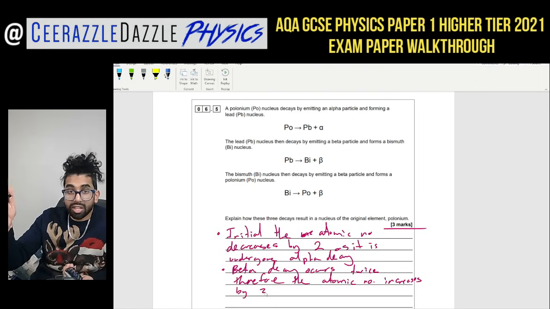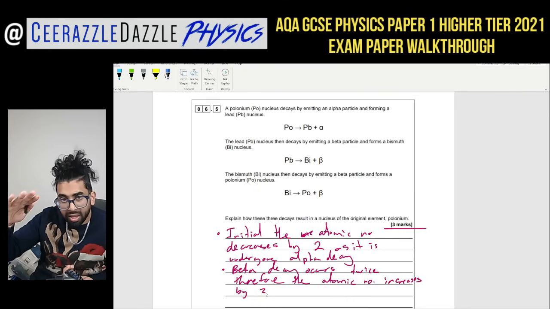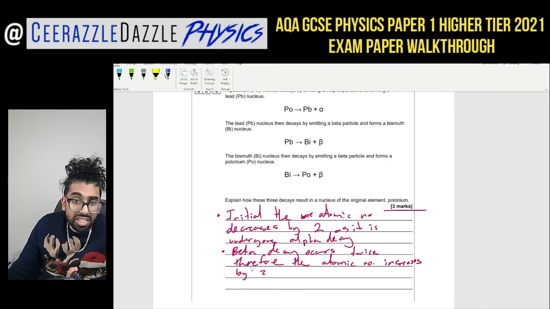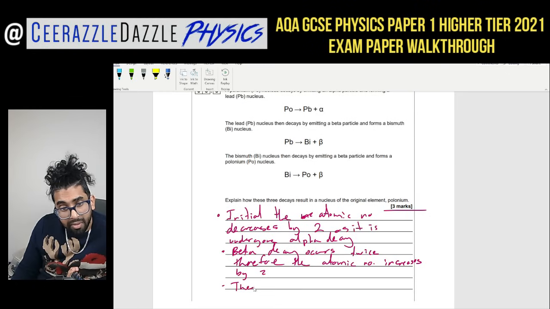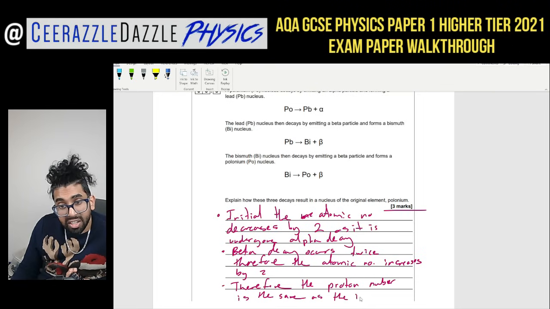So obviously initially your atomic number decreased by 2 because of the alpha, but then one beta decay occurred, therefore you go up 1, then another beta decay occurred, you go back up again, and then you're left with the same proton number as you had initially. So therefore the proton number remains unchanged. Therefore the proton number is the same as the initial nucleus, the same as the initial value.